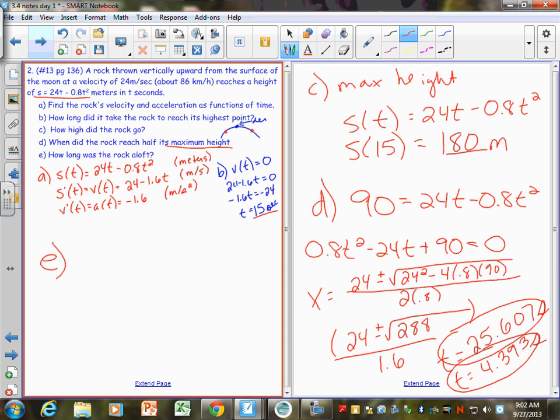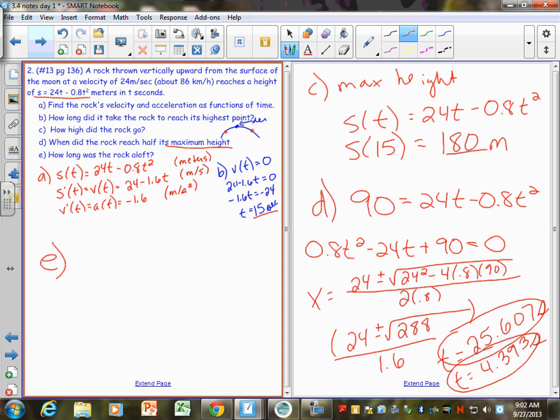Anybody got any ideas on this? I'm trying to think of a good question to get you to the answer without just telling you. If we think about using the first equation, the height equation, what's the height when the rock reaches the ground? 0. That's also when it starts, right?